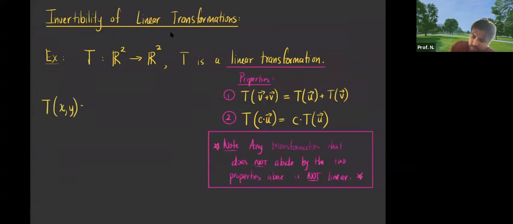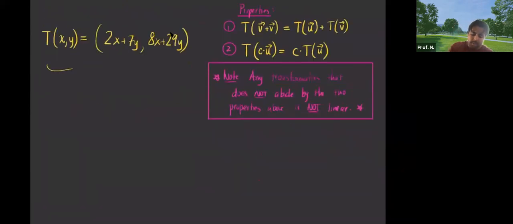T of (x, y) is equal to (2x + 7y, 8x + 29y). How can I represent T as a matrix? What is the standard matrix of T?